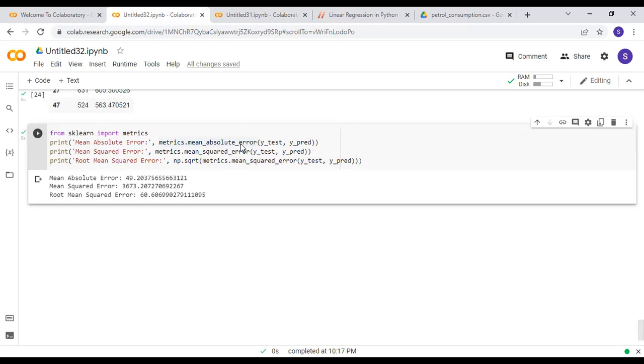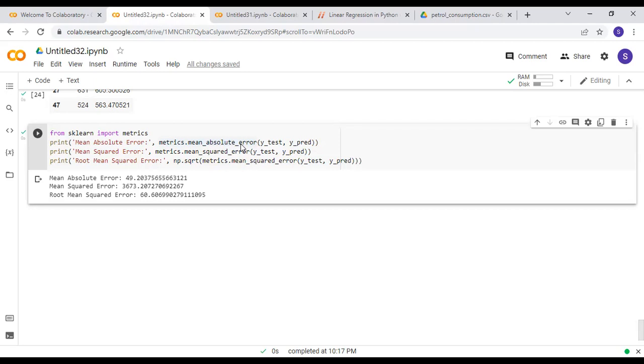Mean square error is basically the square of this, that is 3673.20, and the root mean square is 60.60. So these errors are calculated with respect to the test value and the predicted value.